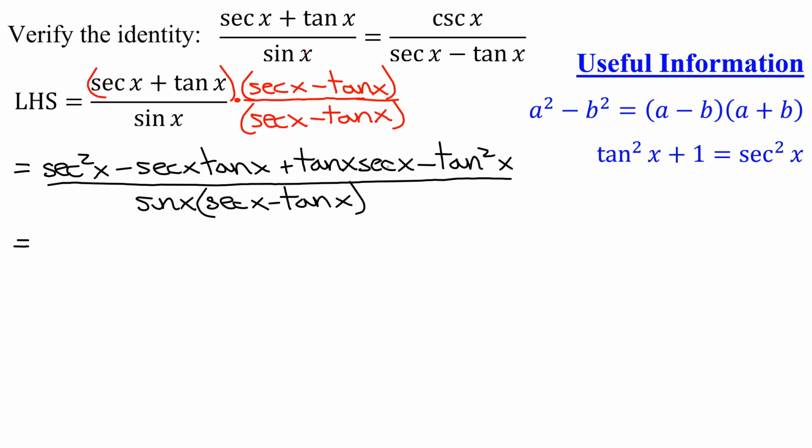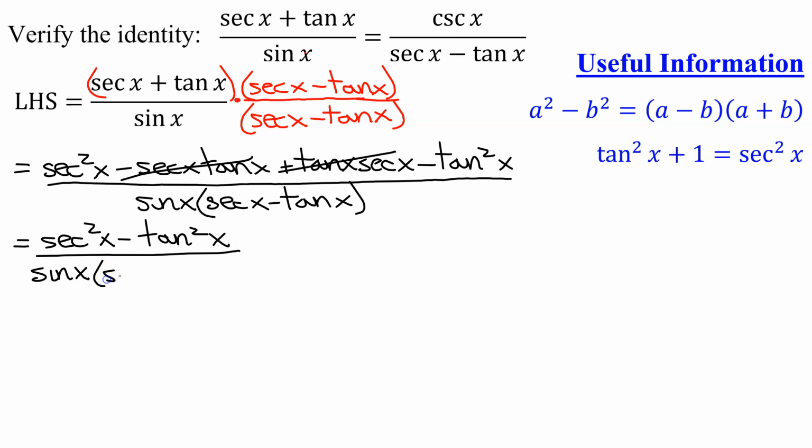Remember, multiplication is commutative, so it doesn't matter whether I have the secant x first or second. These two are going to add up to 0. And so I'm going to get secant squared x minus tangent squared x, all divided by my denominator of sine x times the secant of x minus the tangent of x.